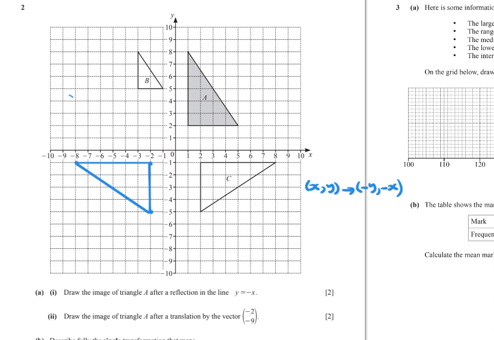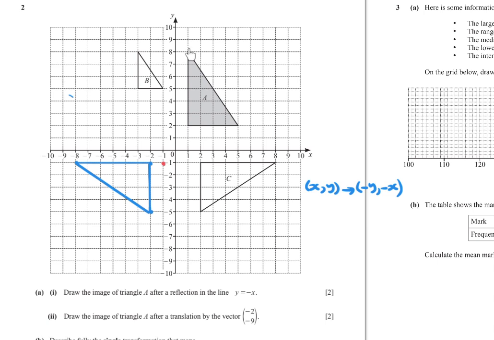Double I. Draw the image of triangle A after translation by the vector negative 2, negative 9. Negative 2, negative 9, so each point moves 2 units to the left and 9 units down. For example, this point: 2 to the left and 9 down. So the image will be negative 1 and negative 1.